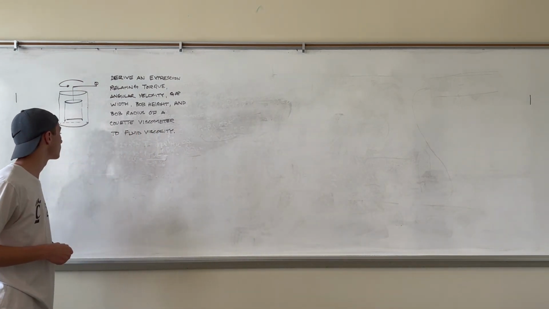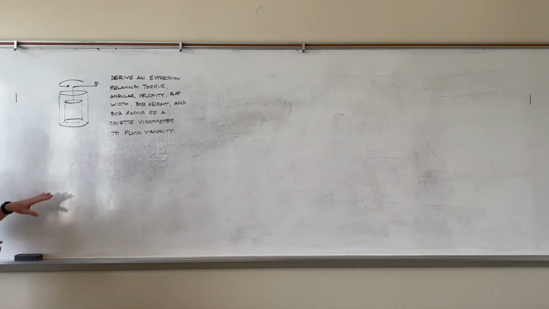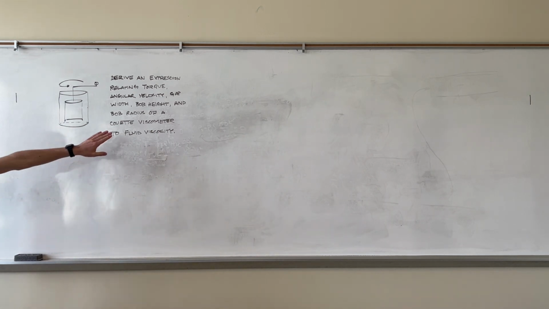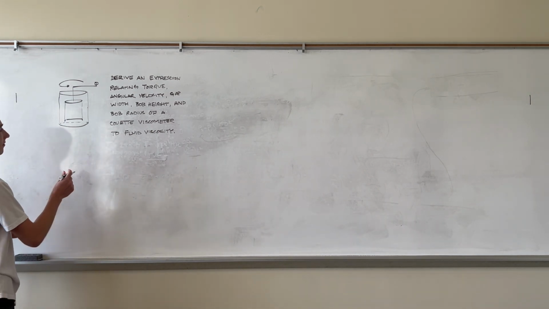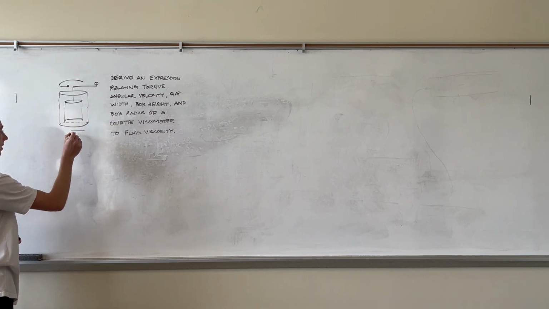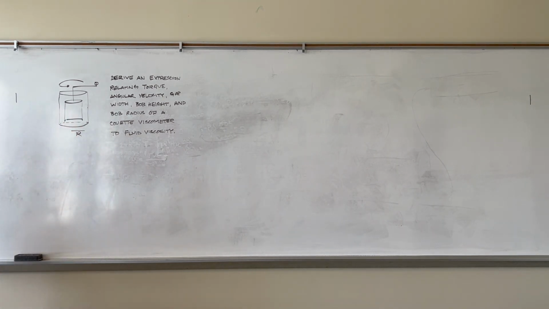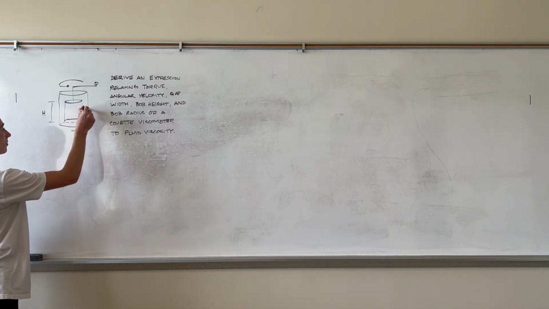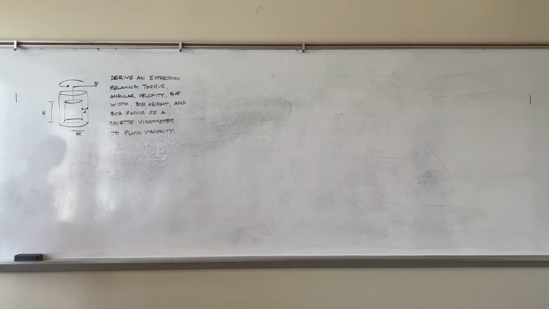Just to label a few things on our drawing, we have the radius R, we have the height H, we have the gap width D that exists between the barrels.